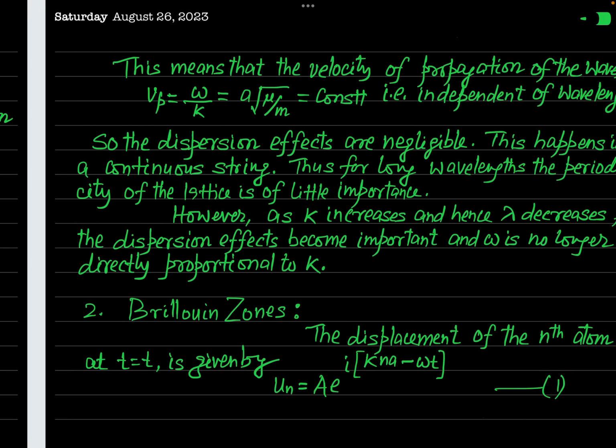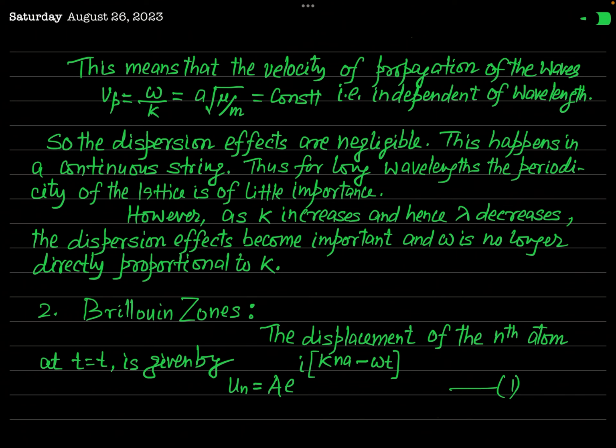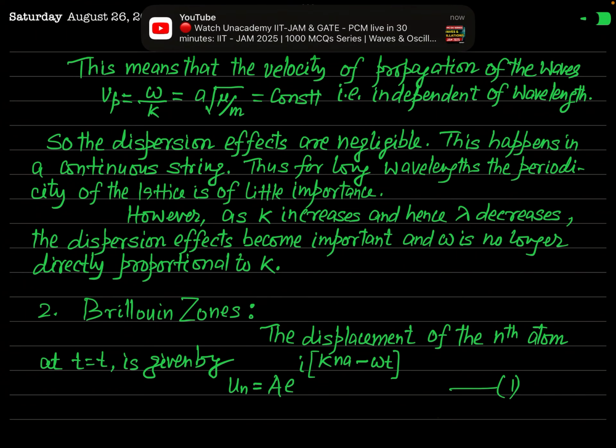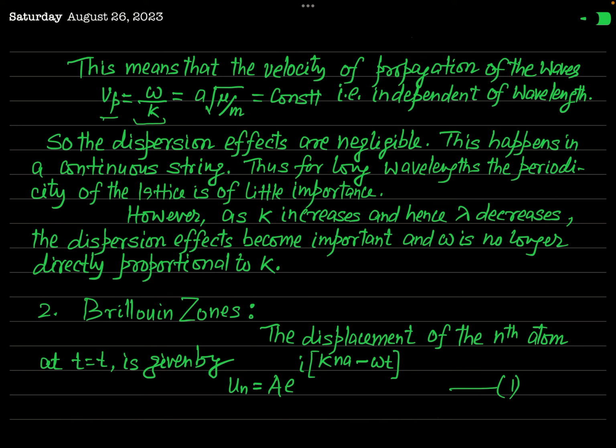All these things I have mentioned here. You can see that in this extreme condition the velocity of propagation of the wave Vp, which is omega over k, will be equal to a times root of mu over m, that is a constant, independent of wavelength.